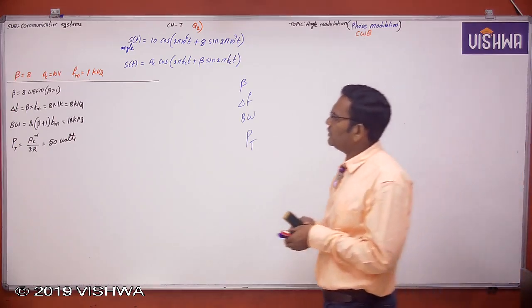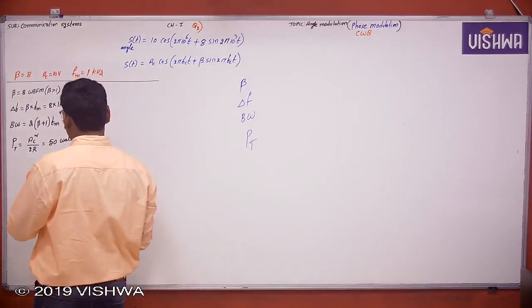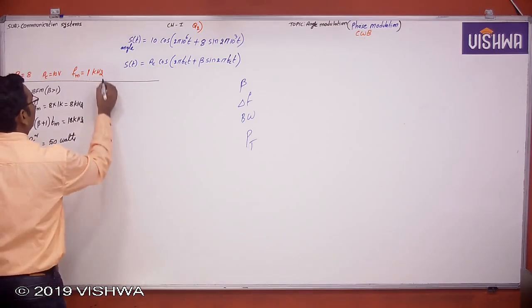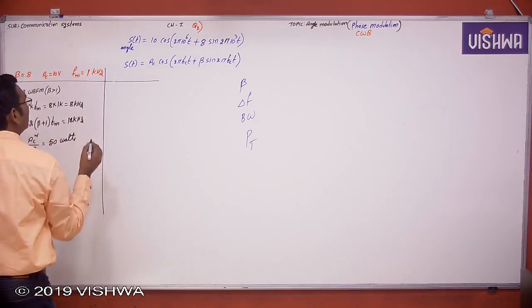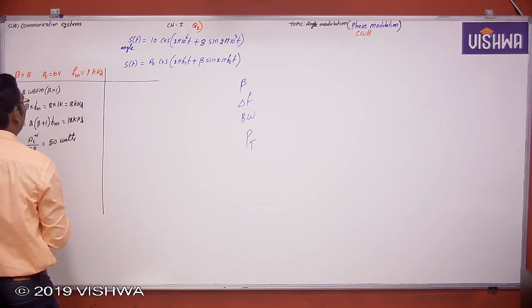Now in the same question itself, he is asking, repeat all the above calculations when the message signal frequency is doubled.